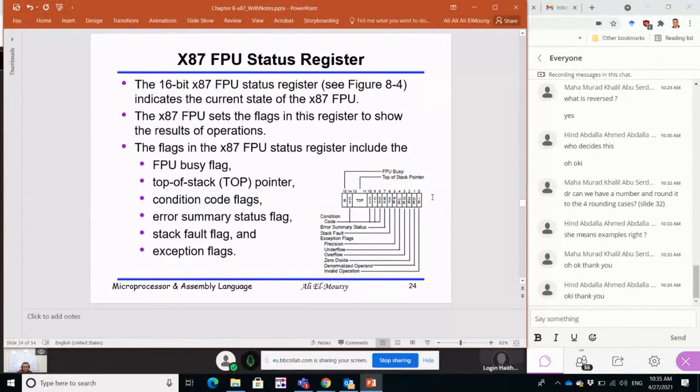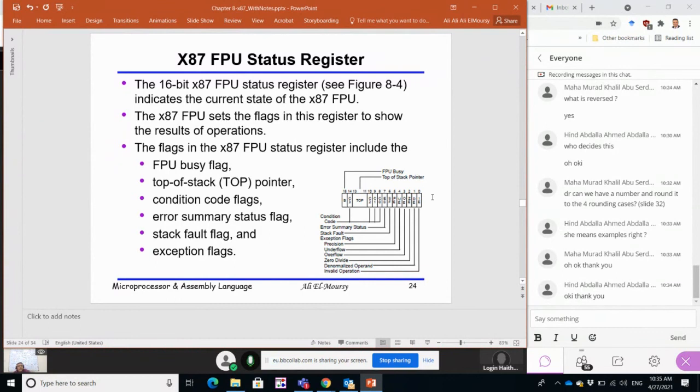The last thing that we need to know about for the X87 is the status register. We talked about the control register. The control register will allow the user or the programmer to control three things: the precision, working in which mode of precision, the rounding, and the masking for the exceptions. We mentioned that we have 6 different masks.